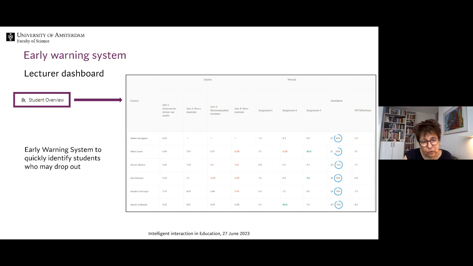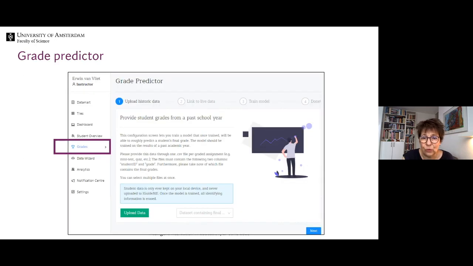So you can send messages through IguideME, but in the case that a student has a larger problem, then it is possible to personally contact the student, and this works almost always very well and stimulates students.